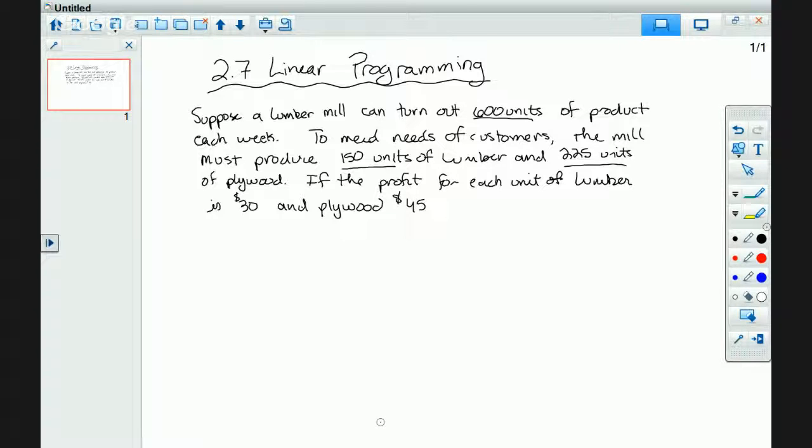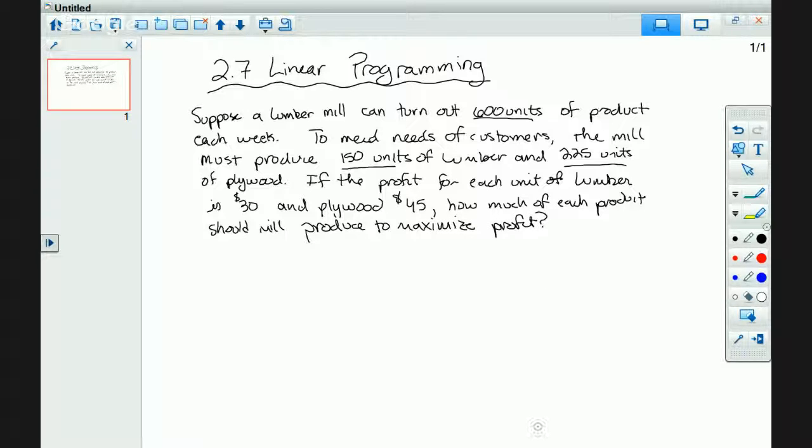How much of each type of product should the mill use to maximize profit? Yeah, they're long, wordy problems.